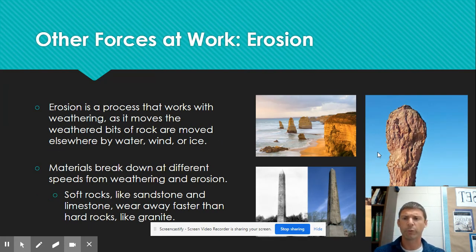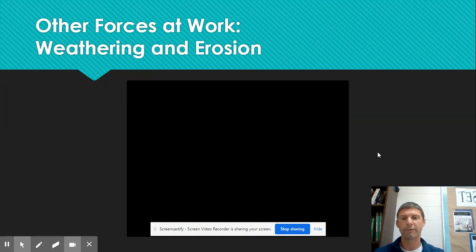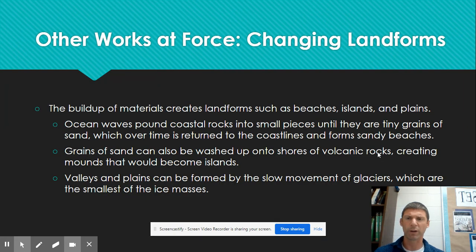Erosion is an effect where the soil gives way because of rain and water, and that's going to be a big problem for farming. So erosion is something that we have to know about. And we're getting closer to the end here. The buildup of materials creates landforms such as beaches, islands, and plains. You can see some very unique types of landforms.